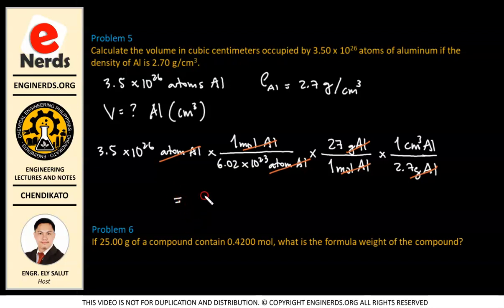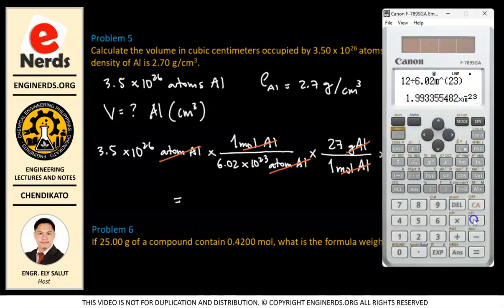Okay, so let us use our calculator. We have 3.5 exponent of 26, and I'm going to divide that by Avogadro's number, so divided by 6.02 times 10 to the 23.